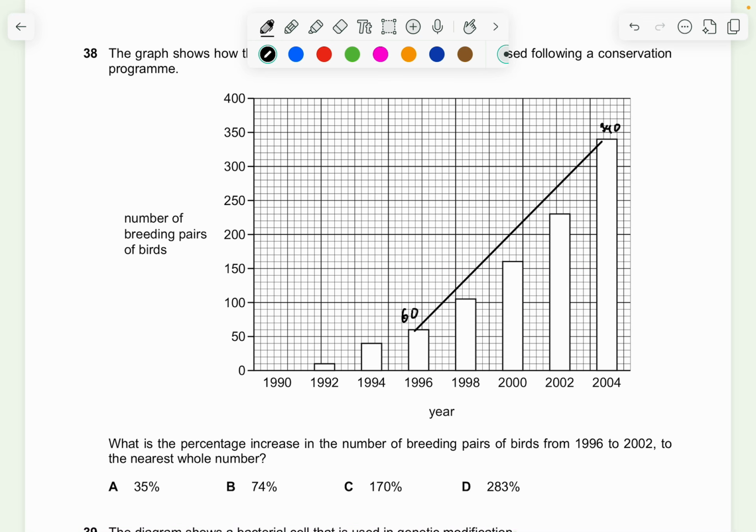Oh, sorry, it says by 2002. 2002, my bad. So 2002 is about 230. That's why I was calculating, but I couldn't get the answer right.